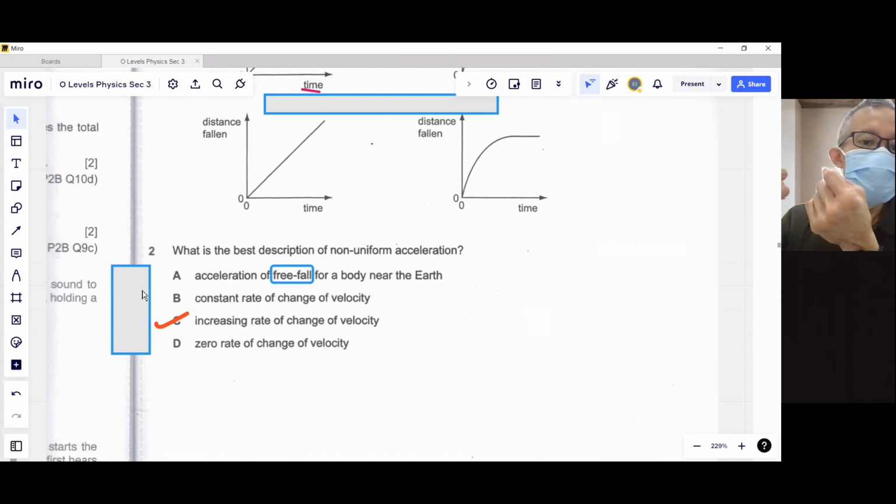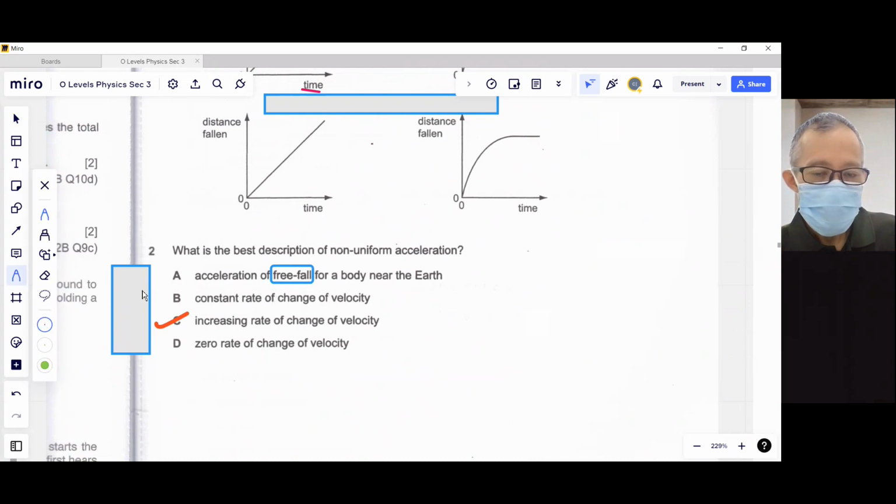Okay, guys, let's interpret this question. Look at this phrase. Rate of change of velocity is actually acceleration, no? And since they say it's increasing, that means acceleration is non-uniform. Okay, so be careful when you read as well.